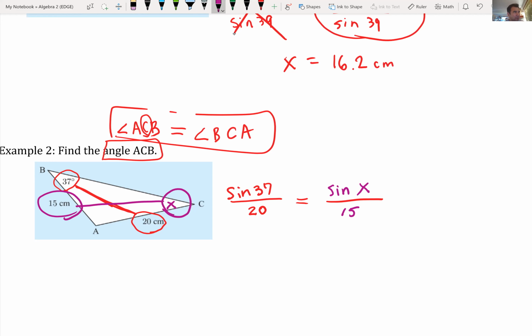Who's got the setup correct? Did you guys get that? You could have the fraction started with sine of x over 15 equals sine of 37 over 20. That's okay too. Okay, very good. Now let's cross multiply, okay?